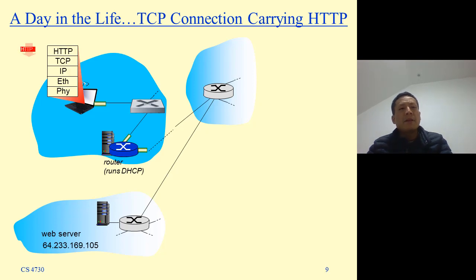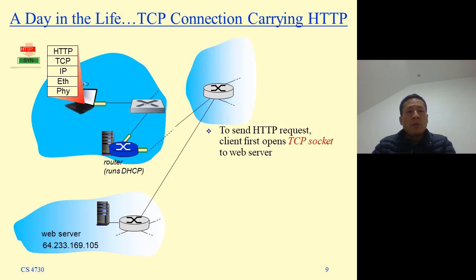Then eventually you are able to establish a TCP connection to carry your HTTP datagram. But before that, you also need to make sure that an active end-to-end TCP session is established for you. That's when you need to initiate the three-way handshake and establish a TCP socket.